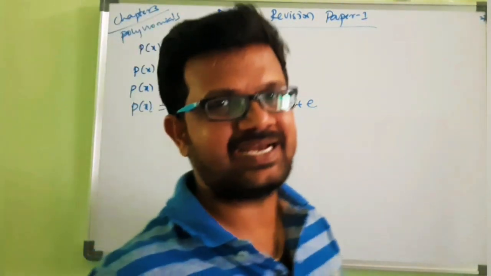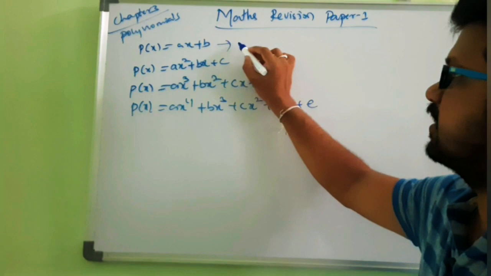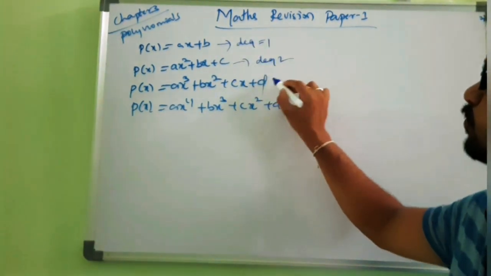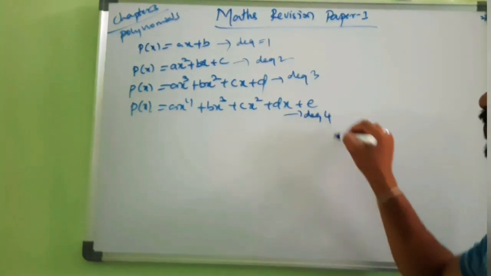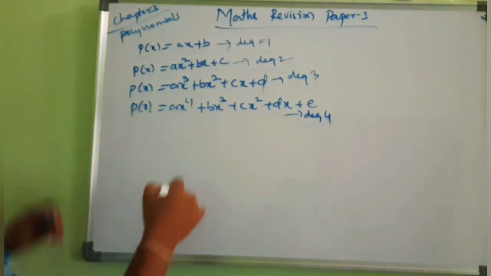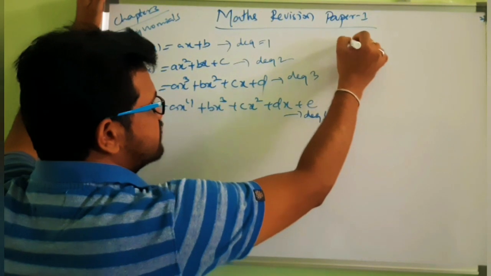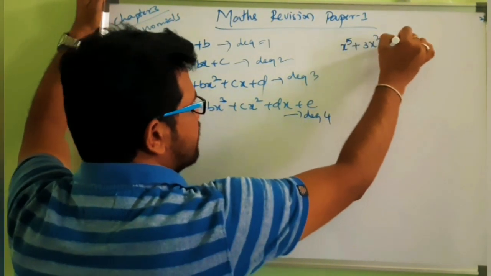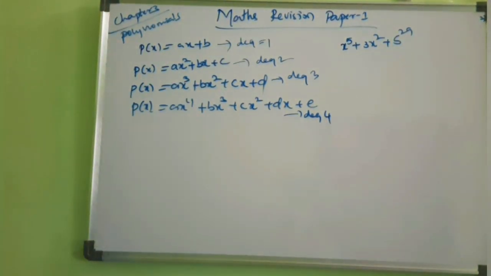What do you mean by degree? The highest power is called the degree. What is the highest power of a linear polynomial? Degree is 1. Here degree is 2. Here degree is 3. Here degree is 4. Right. So here one question they may ask: what is the degree of x^5 + 3x^2 + 5^29?